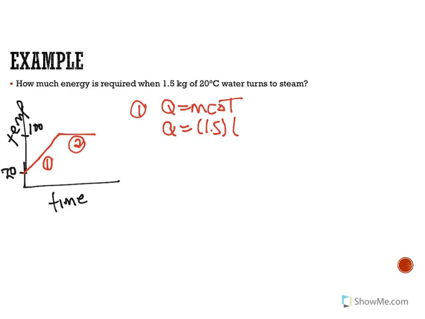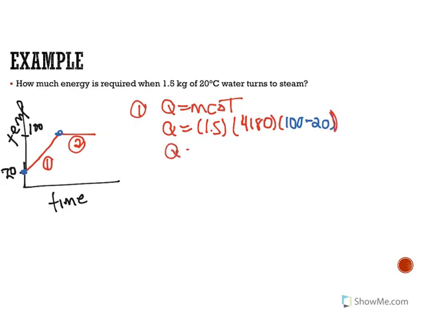So water has a value of 4180, and then the change in temperature, if we take a look here, it's starting at 20 degrees, and our final temperature is at 100 degrees. So we have 100 minus 20. Okay.